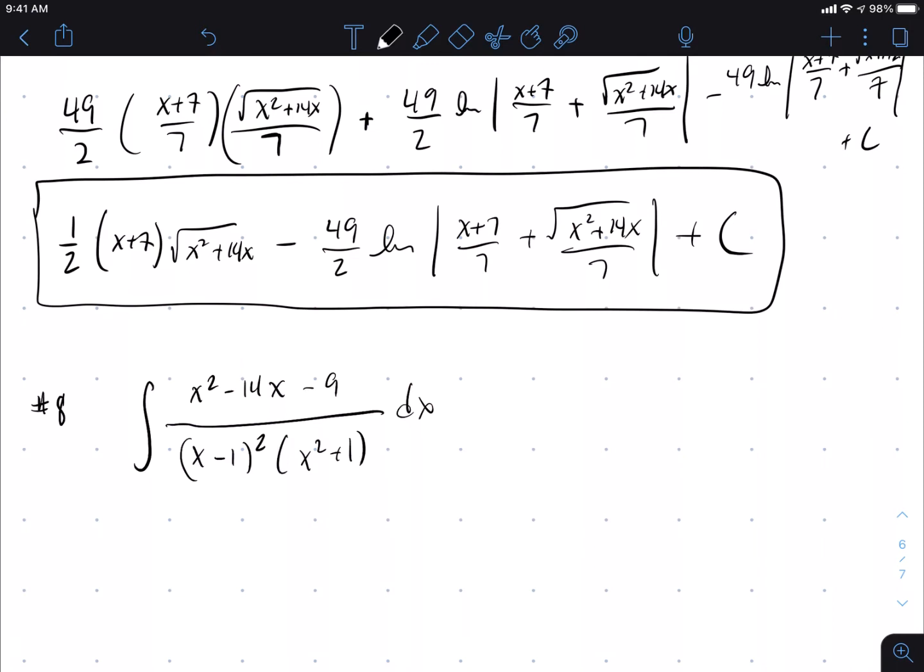I forgot what it's called, not expansion, but what is it? The partial fraction decomposition. Yeah, it's the essay of a problem, right? Partial fraction decomposition. All right.